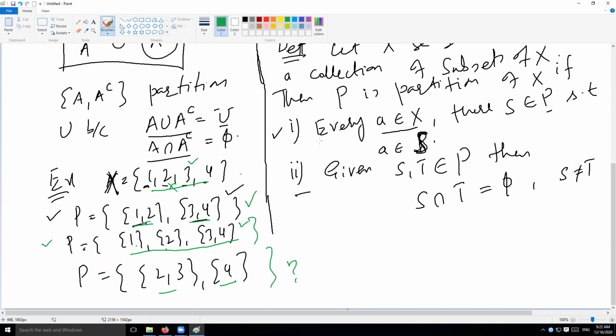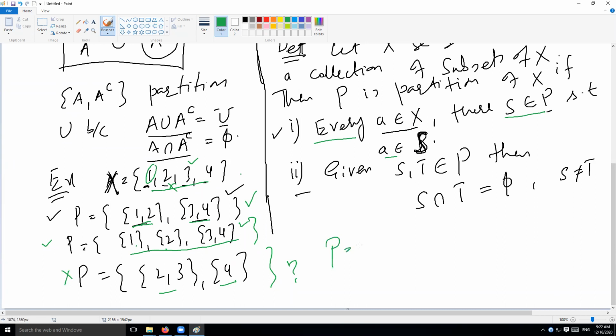But the first condition requires that every a in X must be present in a set in P. Every a, you can find a set in the partition which contains that element a. So you have 1 here. Is this 1 present in any set here? So you're going to say that this is not a partition.